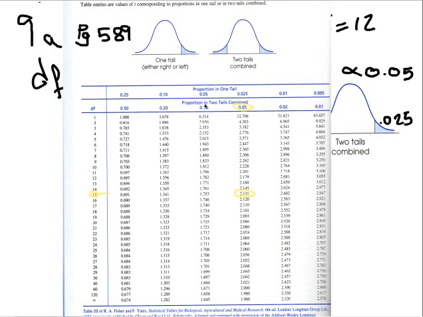And we look in the two-tailed combined part of the table. We slide on down until we get to 15. And we've got a t critical that's going to be t critical equals 2.131.